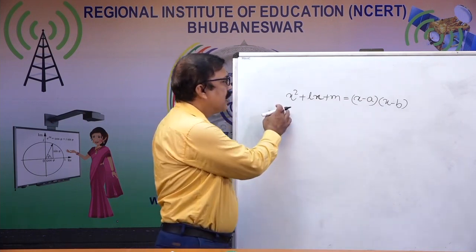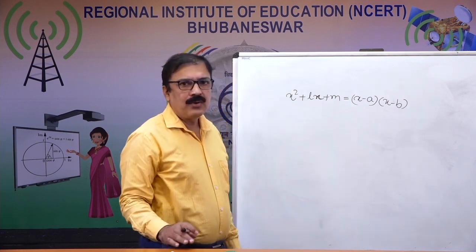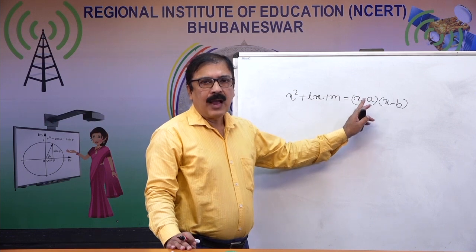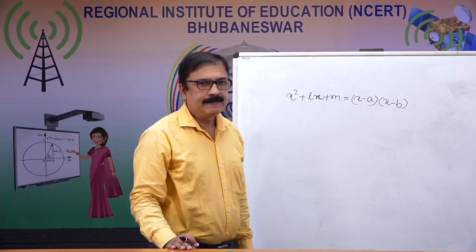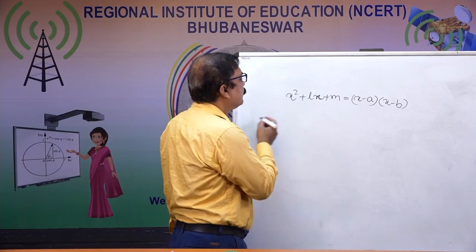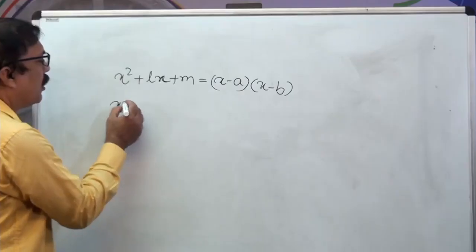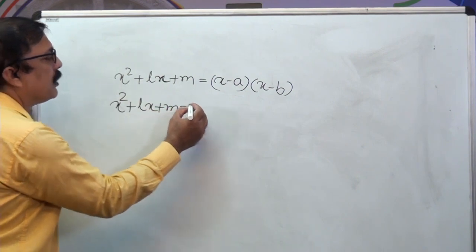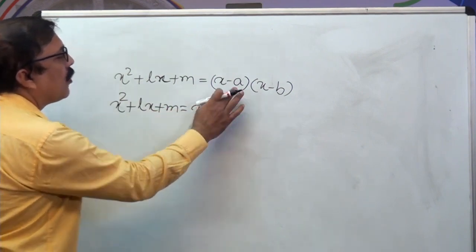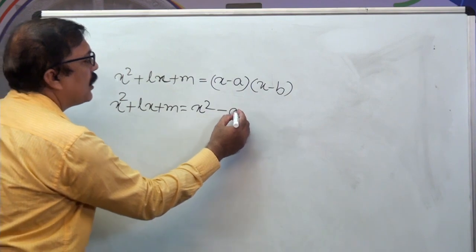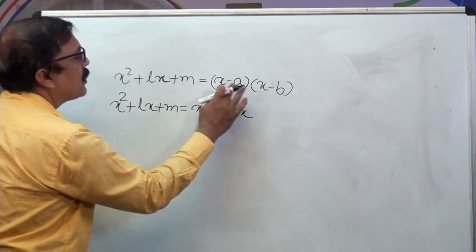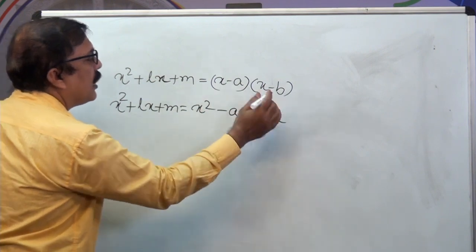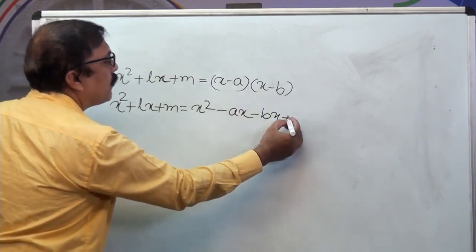As the left hand side is a quadratic polynomial, it must have at best two factors. If we write it like this, it gives x square minus ax minus bx, and minus a into minus b gives plus ab.